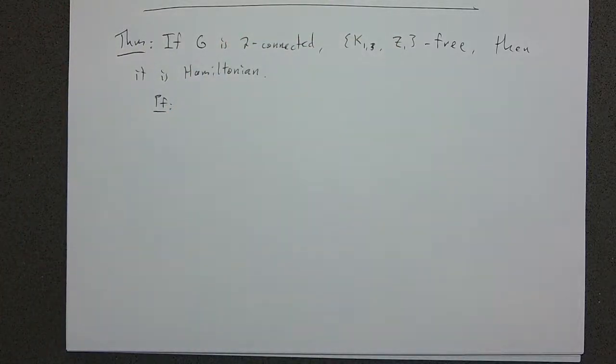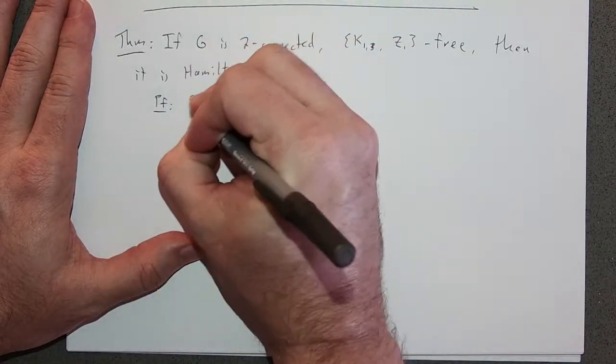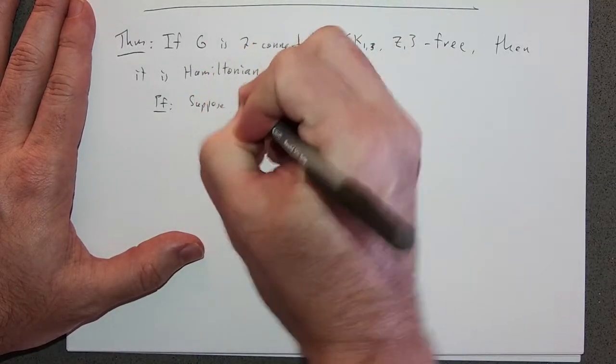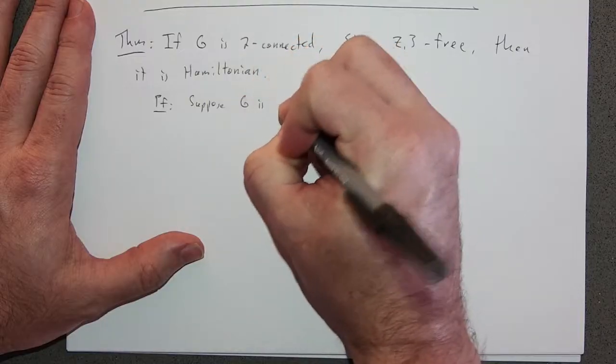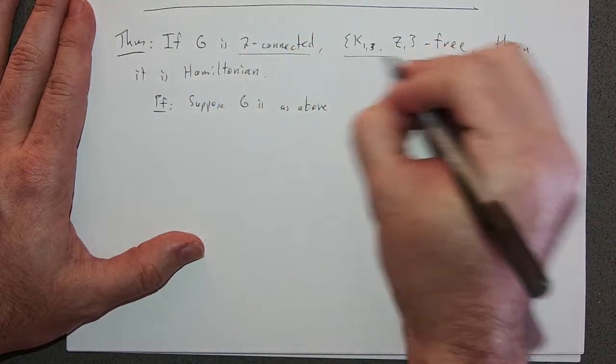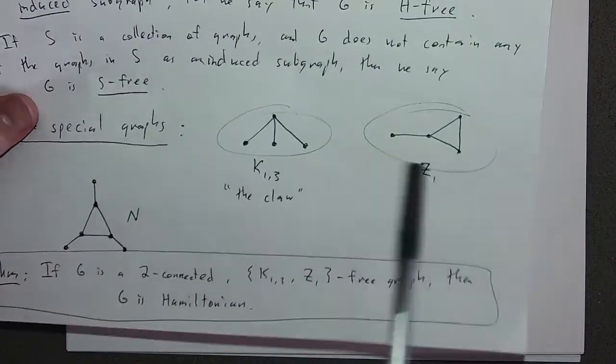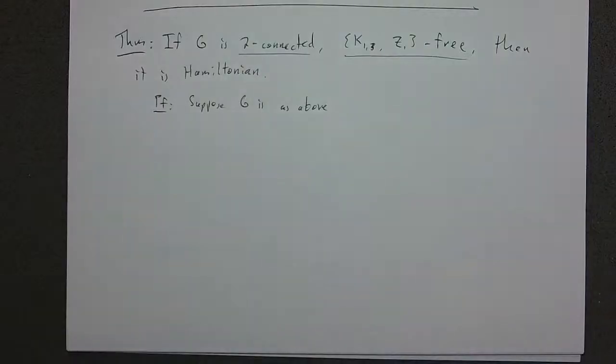So suppose G is as above. That is, it is two connected and K13 free, Z1 free. So it doesn't contain either of these as an induced subgraph.